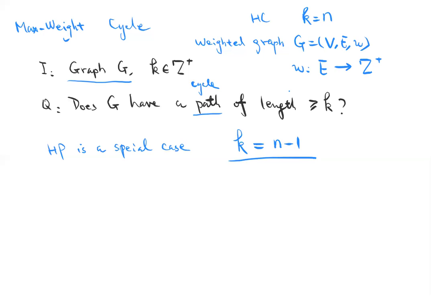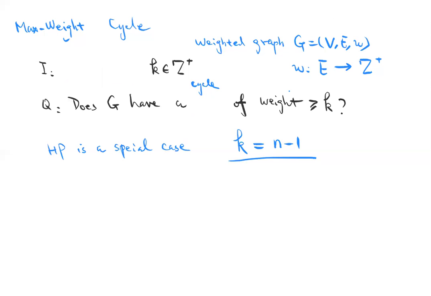So is there a cycle of total weight at least k? All right, so now if we consider a weighted graph, whether this weighted graph contains a cycle whose total weight is at least k.